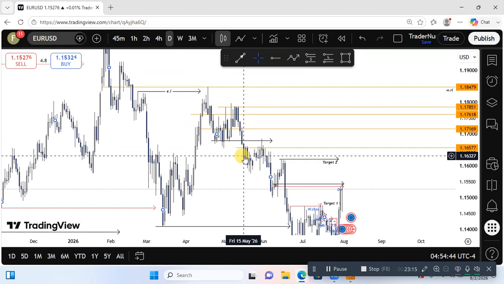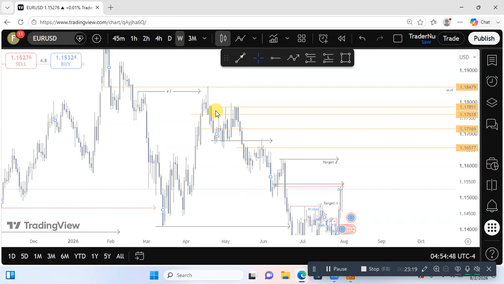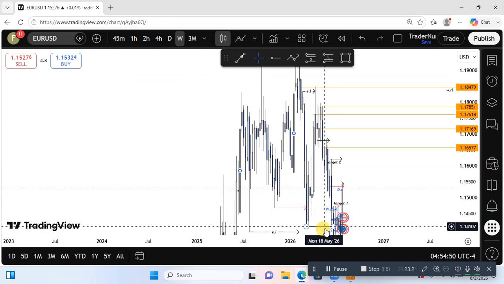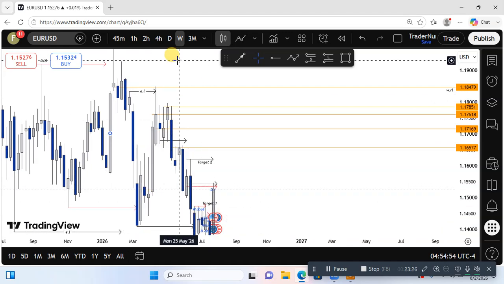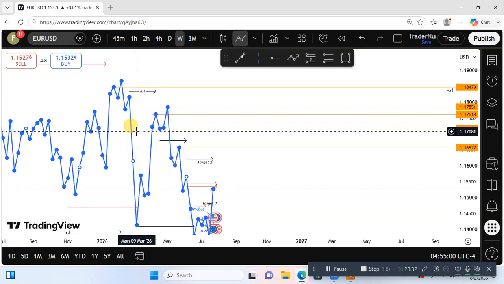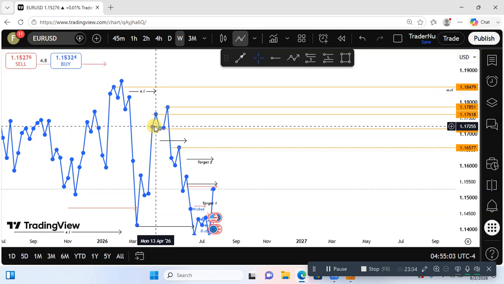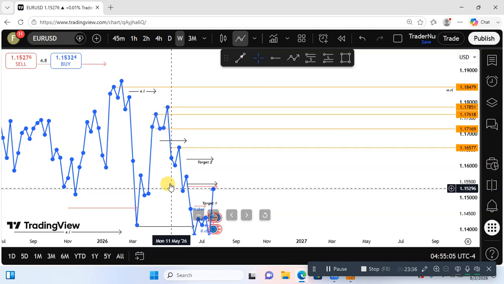Now, we want to go into more analysis. We see that the price was actually coming from the weekly time frame, and we got our weekly first break and second break. But before we got that, we saw that weekly zone was like this, and there was a break here.